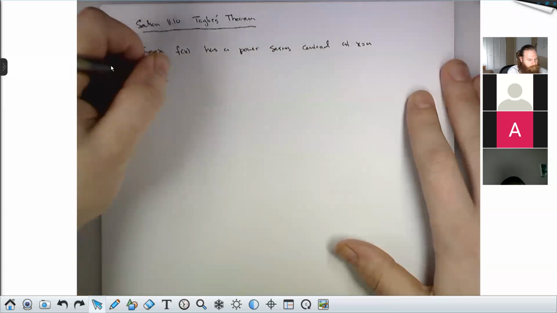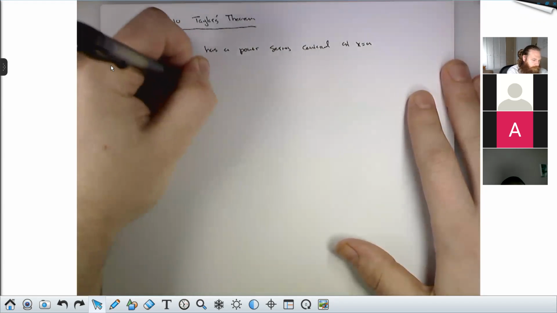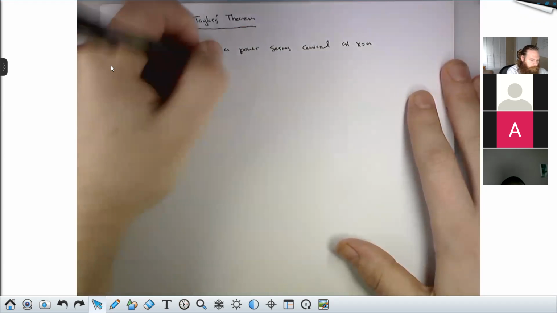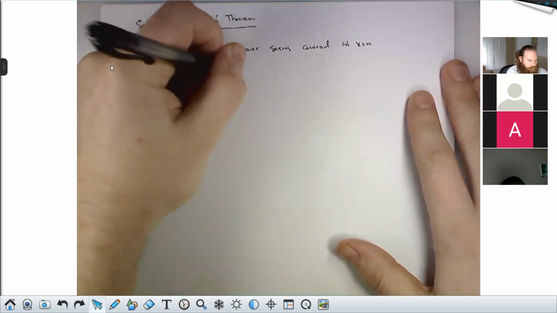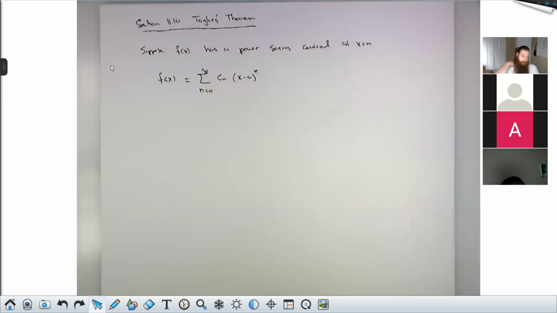So f of x can be written as sigma n from 0 to infinity Cn times x minus a to the n. I would like to find the coefficients Cn that make this the power series for this function.